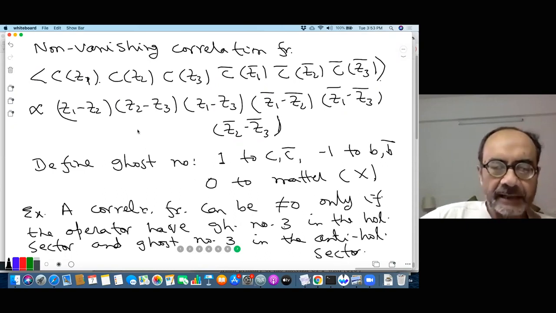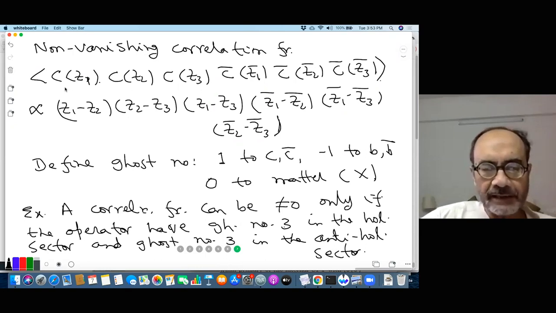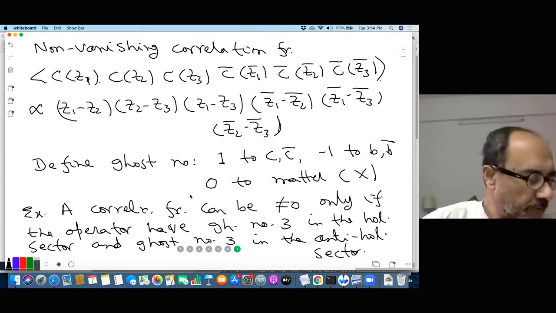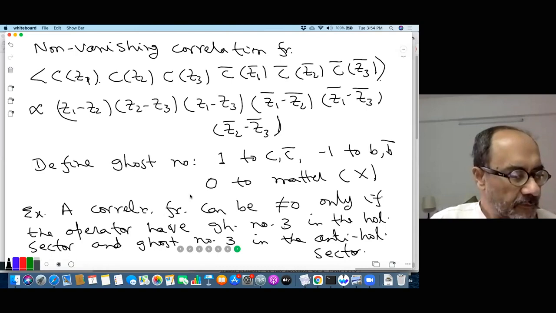Which means that you can add B, C in pairs, but you cannot just add one more C, or just one more B, because that will violate the ghost number conservation. Are there questions?